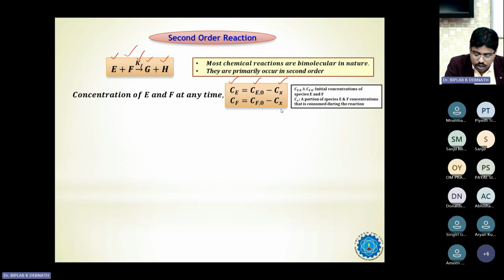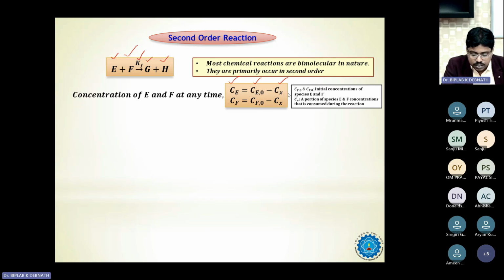Here for this Cx concentration, we are assuming that the concentration of Ce is equal to the concentration of Cf which is actually participating in the chemical reaction from the initial constituents. Initial concentrations are Ce naught and Cf naught.